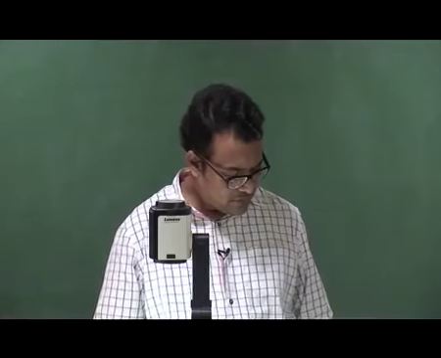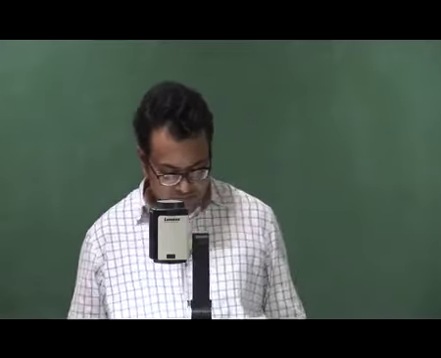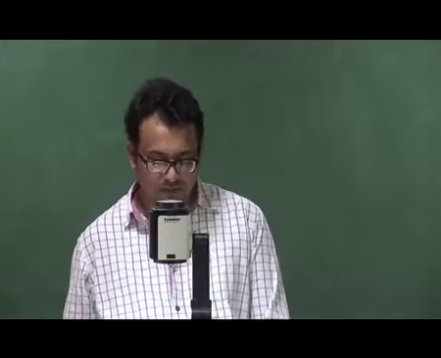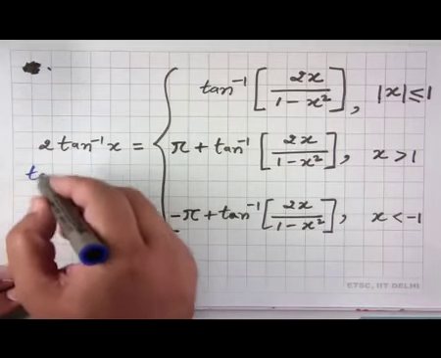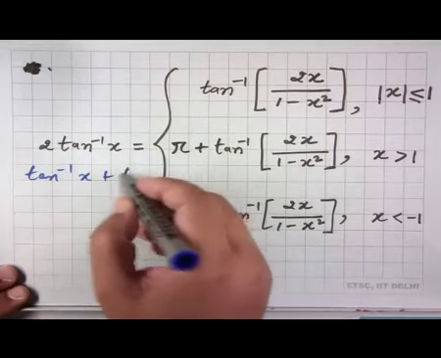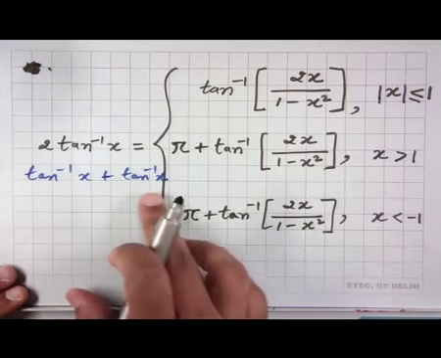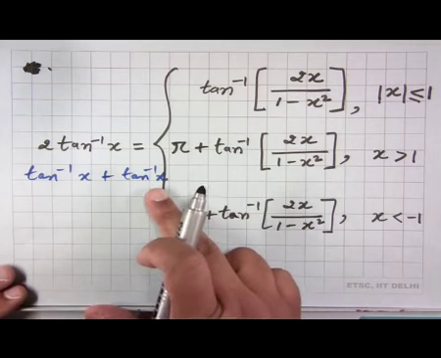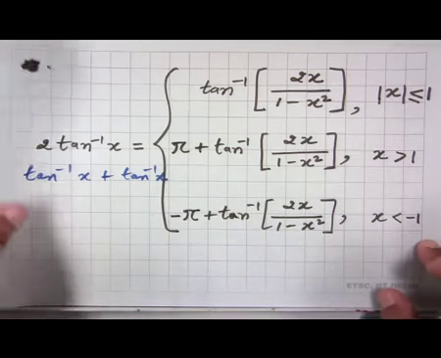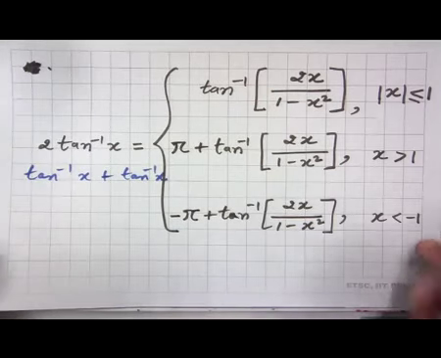And then of course, from tan inverse x plus tan inverse y, it is very easy to derive expressions, for example for 2 tan inverse x, because we can write 2 times tan inverse x as tan inverse x plus tan inverse x, and then we can use the tan inverse x plus tan inverse y formula with y equal to x, and this is what we are going to get in that case. So, it is basically going to be a little exercise for you to verify this.